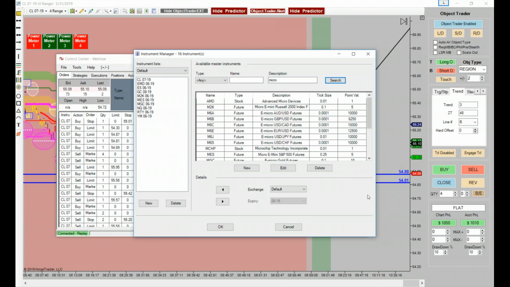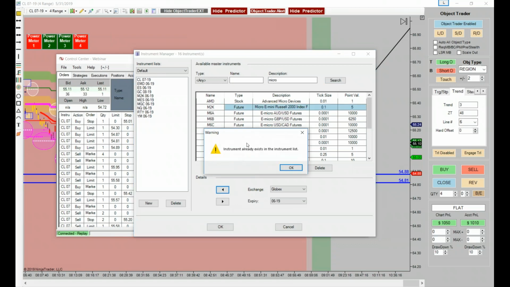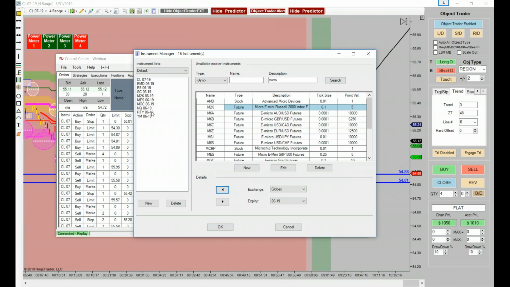You can actually put all those in if you want, or just part of them. Now, you can look at them and see the names of them and everything. Like there's the Mini Russell, so you might want that. Oh, I didn't save that, so mine's in there. See, that's the Mini Russell. The MES is the Mini S&P.